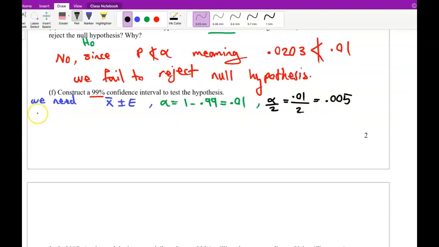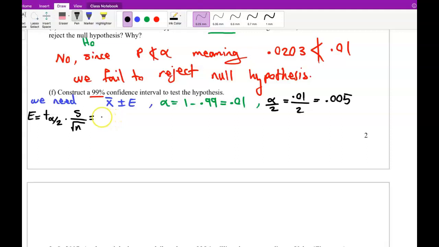Okay, now finding the margin of error and then finding the lower bound and upper bound to find our interval. So t times the standard deviation divided by the square root of n.